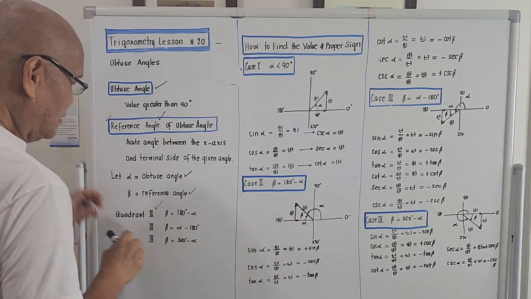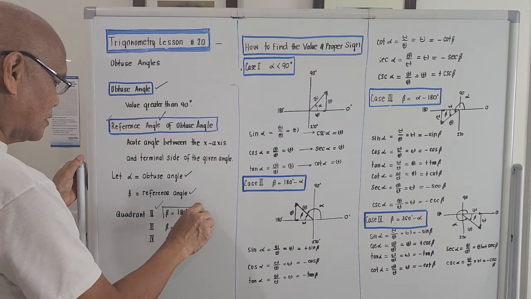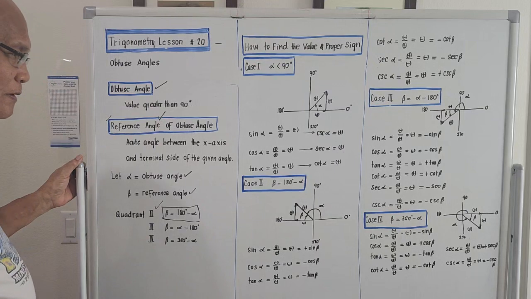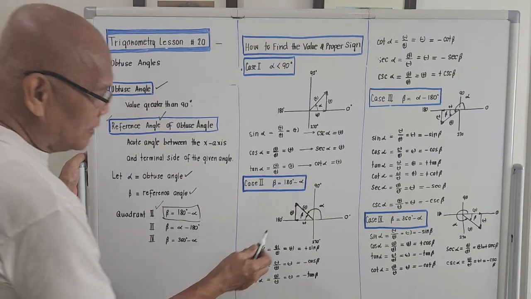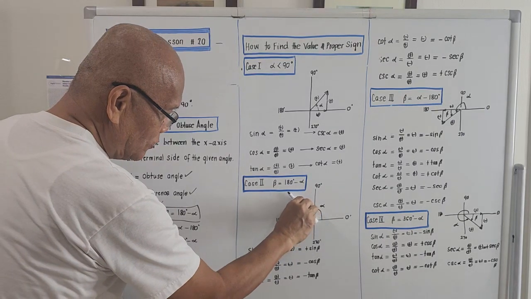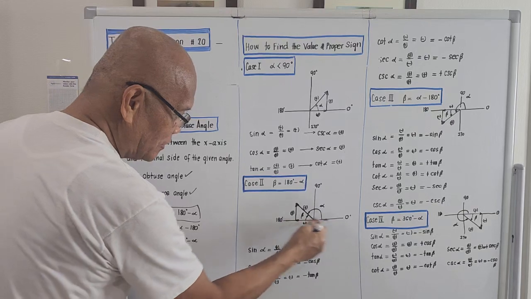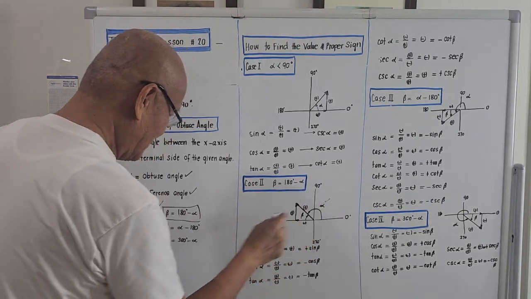The reference angle should be 180 degrees minus alpha. If the angle falls under quadrant number 2, beta should be equal to 180 degrees minus alpha. It is this.